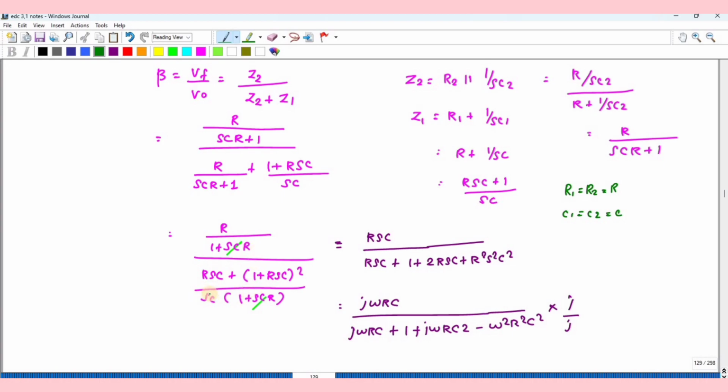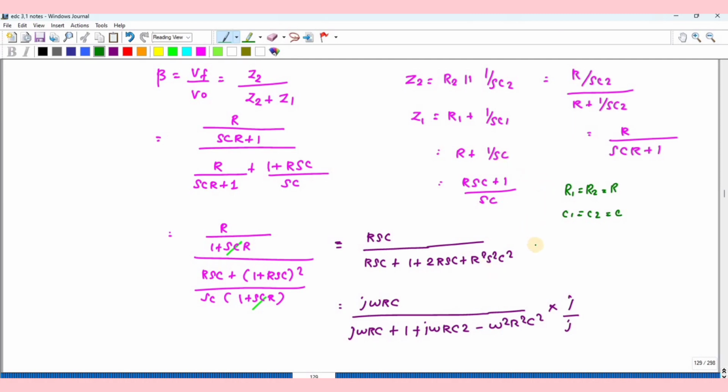So you will get RSC divided by RSC plus, by applying the (a plus b) whole square formula, 1 plus 2RSC plus R square S square C square.